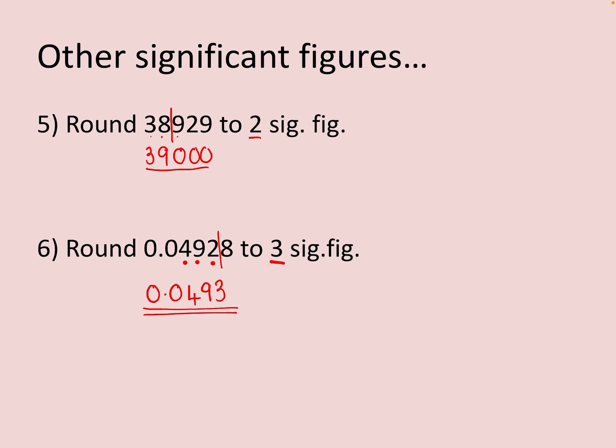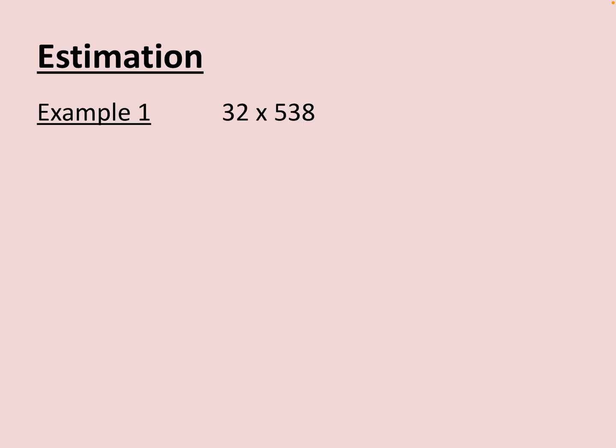Okay, moving on from that, this is our basic rounding that we need to get a bit of practice on. We then also could use this to give us estimating properties. So if I had something like 32 times 538 and I didn't have time to be working that out exactly or didn't need an exact answer, then if I round both of these to one significant figure, it gives me a rough idea of the answer.